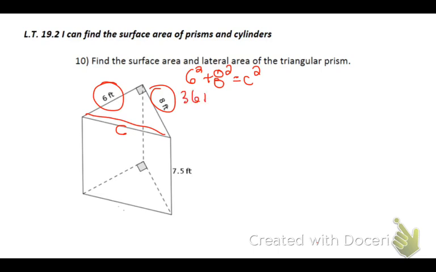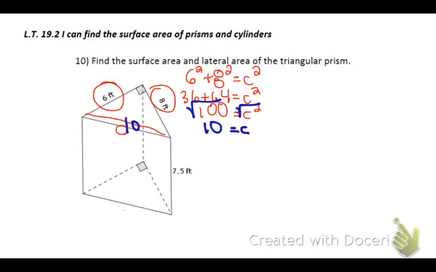So 36 plus 64 equals C squared. C squared is 100, and then you take the square root. So C equals 10. So that's going to be 10.